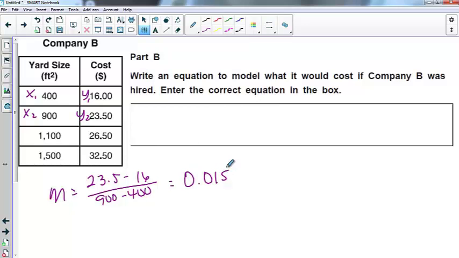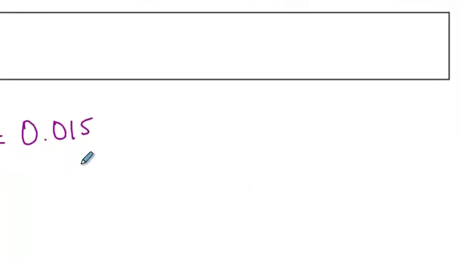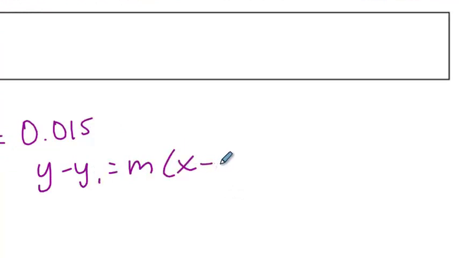And on this one, they don't tell you this, but there is actually a given cost with company B. So whenever you do it, you have y minus y1 equals m times the quantity of x minus x1. This is your m, but you need to plug in this first point to determine what you're adding for your y-intercept, or the flat rate that they charge.